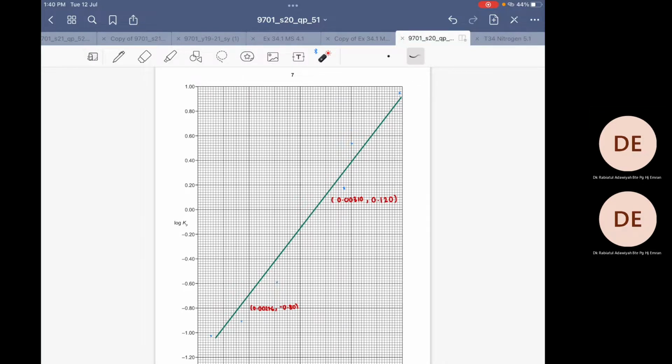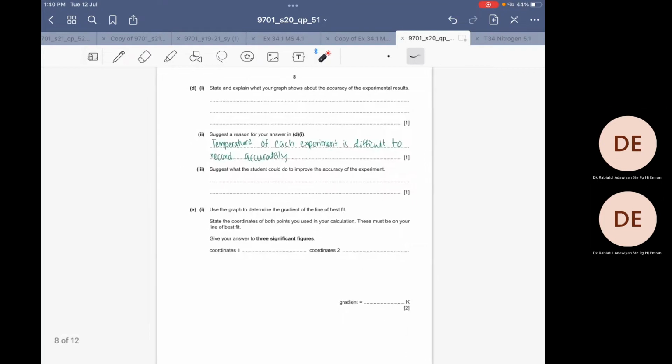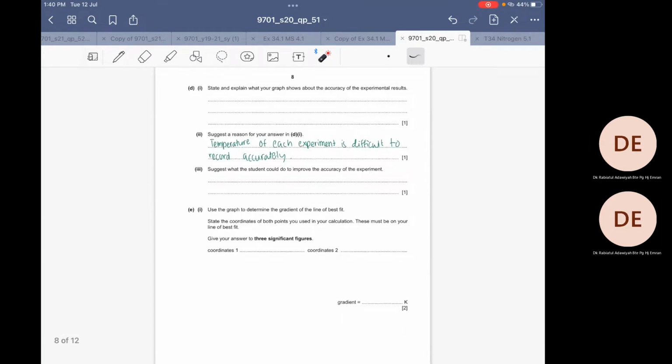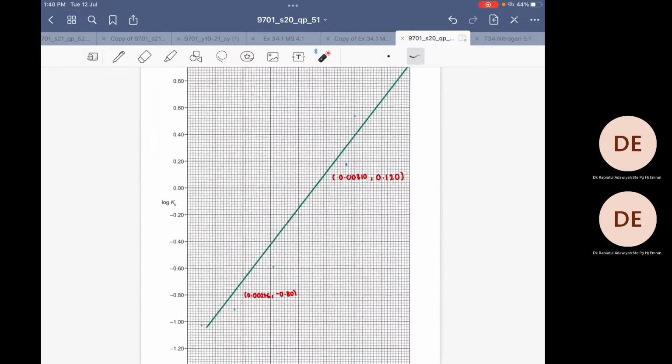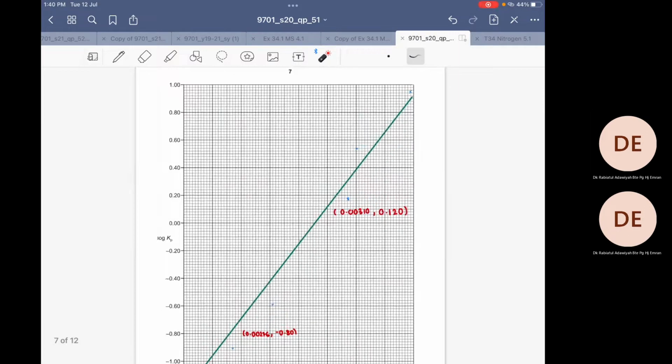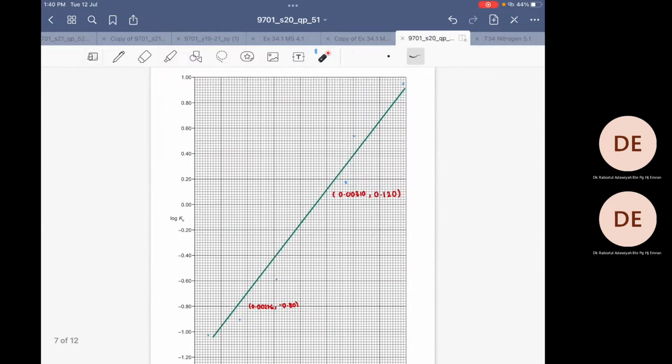So I think the next question wants you to state and explain what your graph shows about the accuracy of the experimental results. Accuracy, are they all on the line? No. So they're quite spread out, okay? So the accuracy is not that great, but of course you don't use that word.